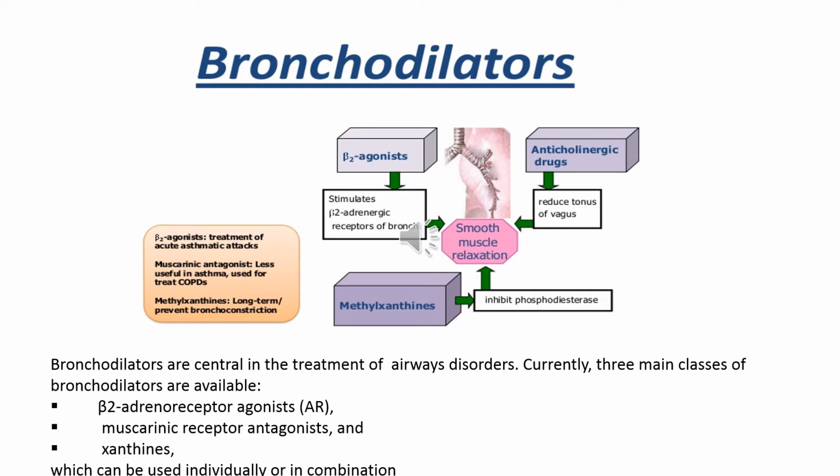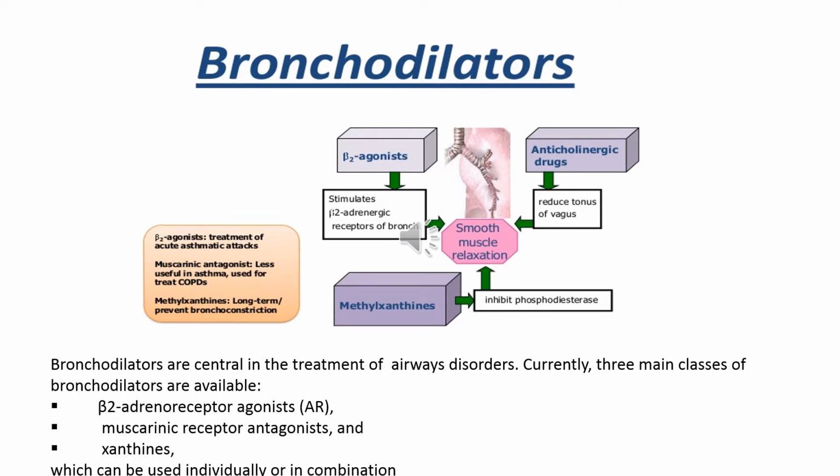Let's look at the group of drugs. Bronchodilators. Bronchodilators are central in the treatment of airways disorders. Currently, three main classes of bronchodilators are available: beta-2 adrenoreceptor agonists, muscarinic receptor antagonists, and xanthines, which can be used individually or in combination.